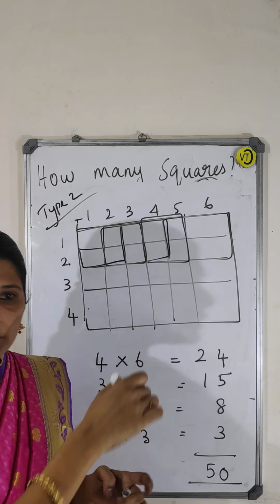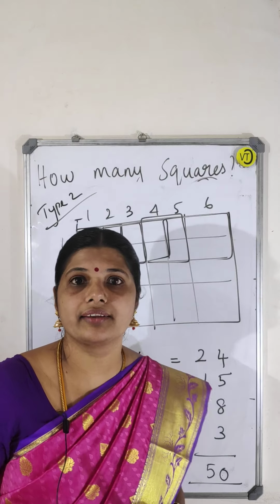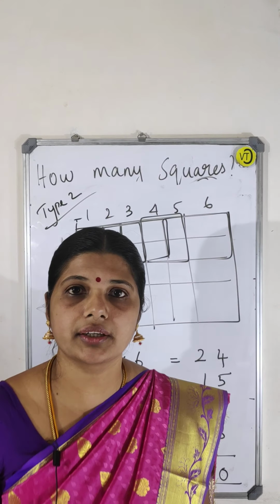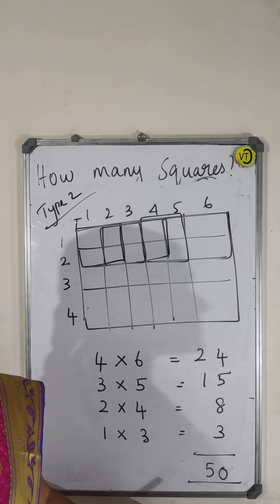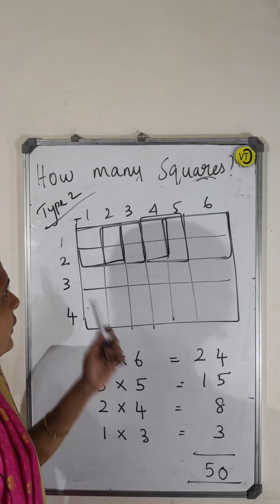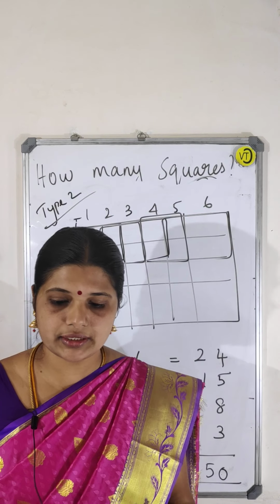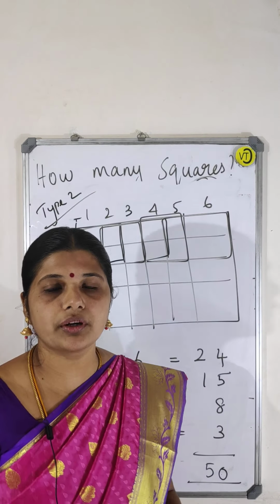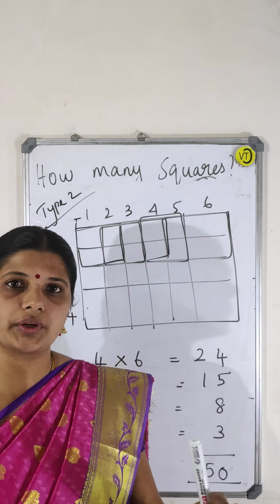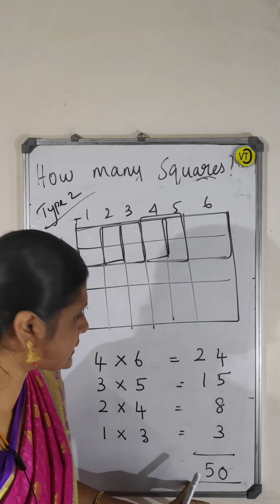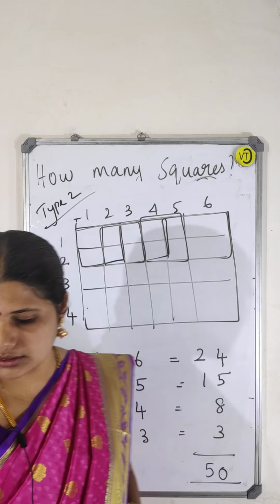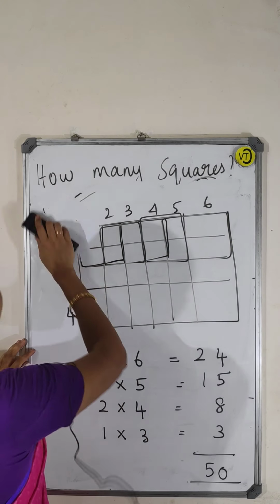So inside also many squares are hiding. That also you have to count, right? That is the formula I have used here. Whenever counting squares there is a chance of missing, and this method helps you get rid of that situation. If you do it like this, you will get the correct answer.